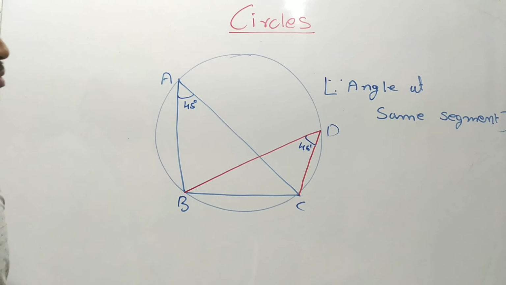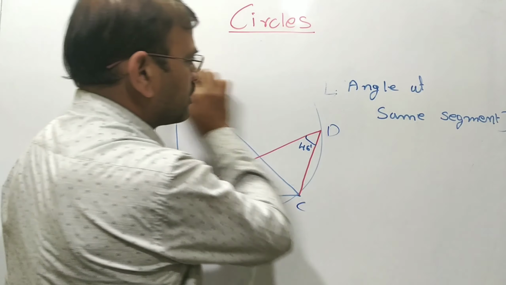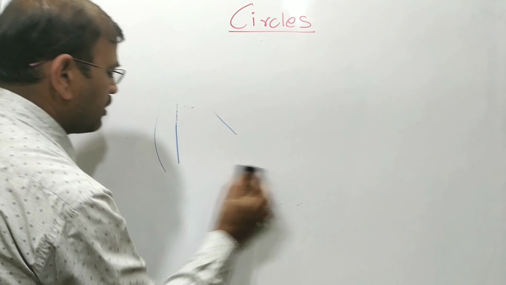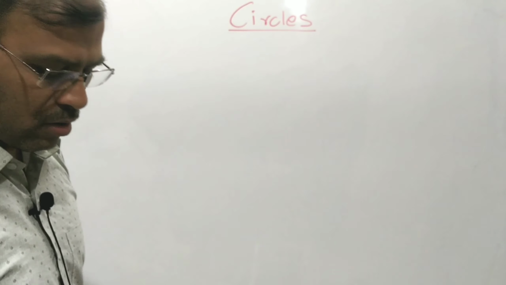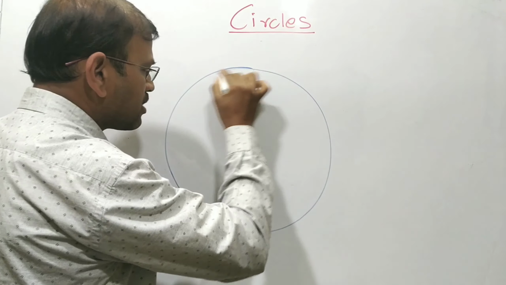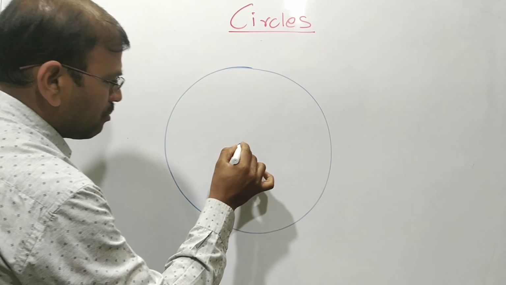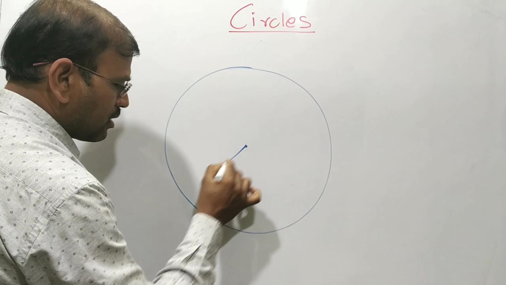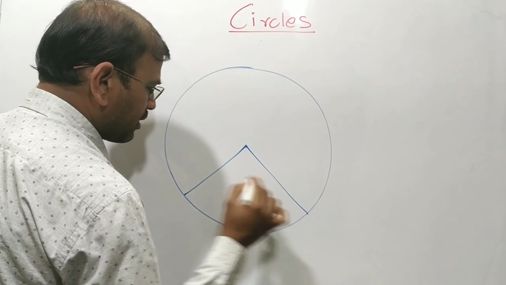Then I'll explain the fourth property. The fourth property is also a very important one. This is the circle. Now I am taking a center angle. I'll just draw the triangle.